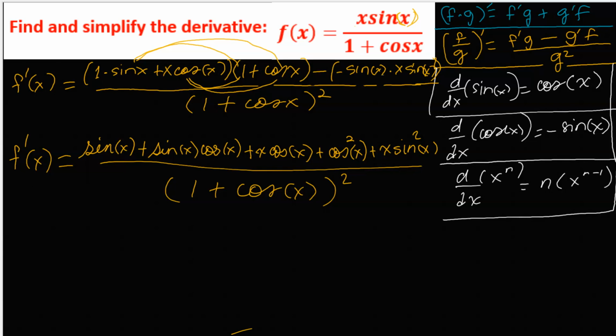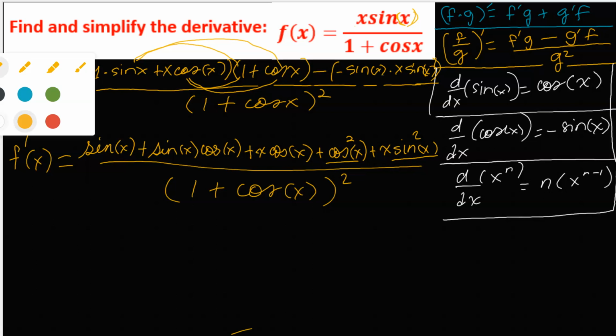Whenever I see sine squared of x and cosine squared of x, I think that is 1. So that right there could be a factor.